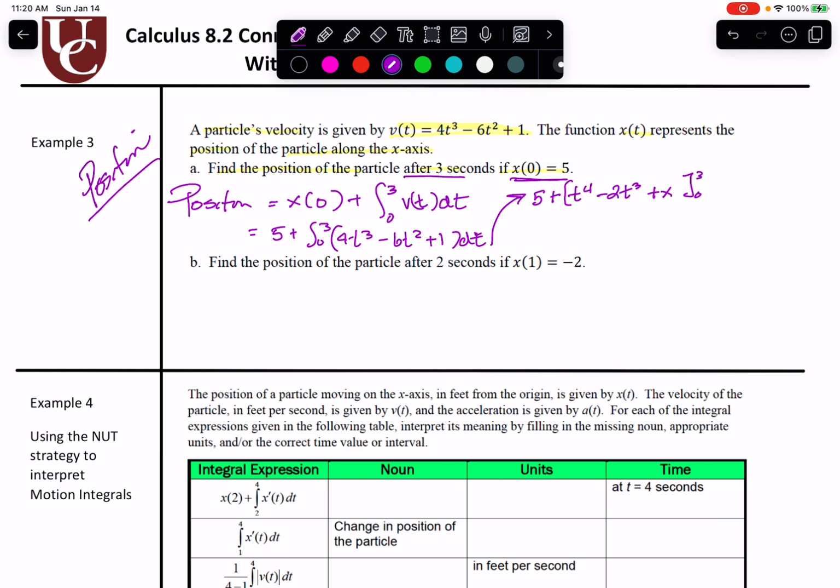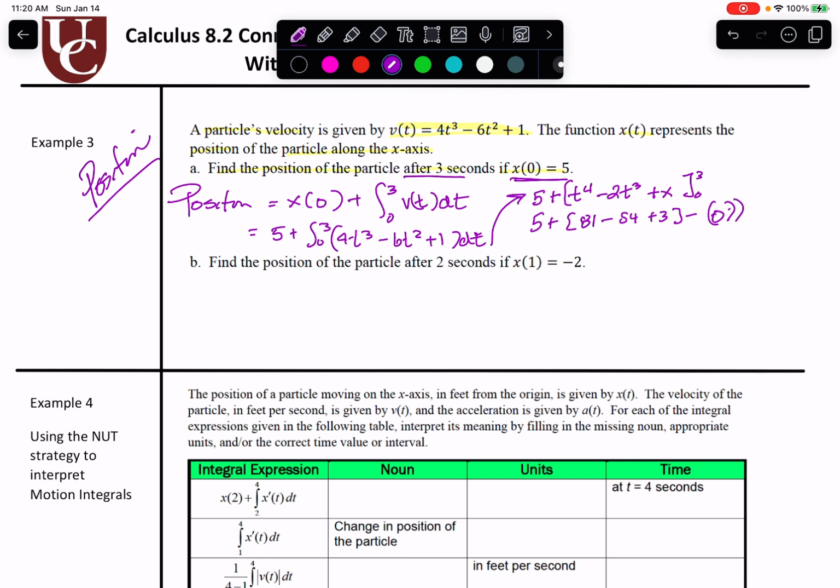So that is 5 plus 81 minus 27 times 2 is 54 plus 3. Now, it should be minus 0, this whole thing with 0 in it, but that would just be 0, right?